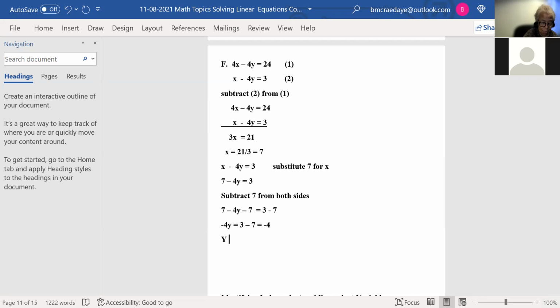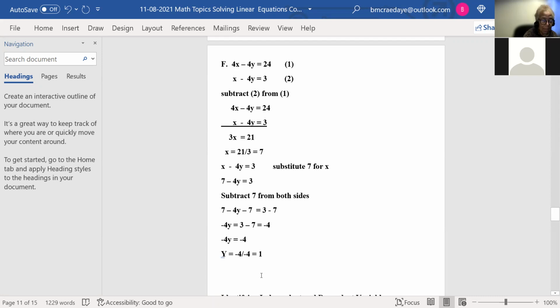You have minus 4y equals minus 4. So what is y equal to? 1. That's right, because y is equal to minus 4 divided by minus 4, which is equal to 1. That's right.